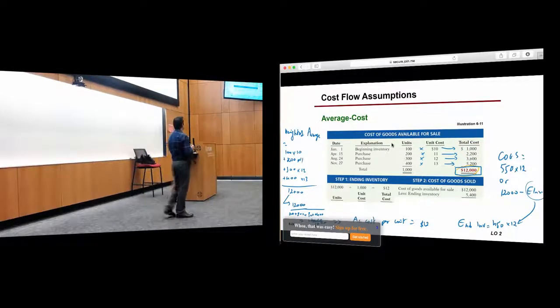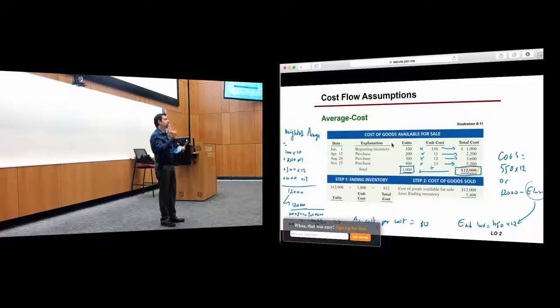For the second one, which was 200 units, you paid $11. For the third one, 300 units, you paid $12 each. As a total, you have $12,000. And how many units? 1,000 units. You divide this one by this one. That will give you the average cost per unit.